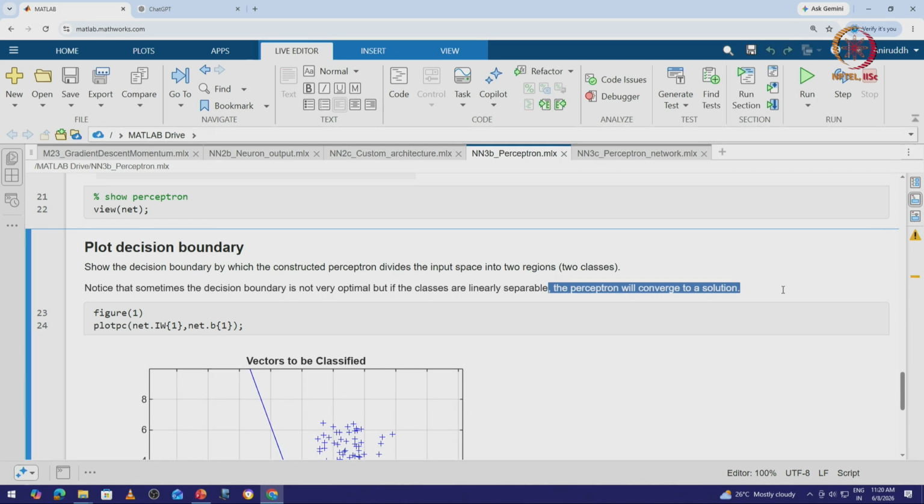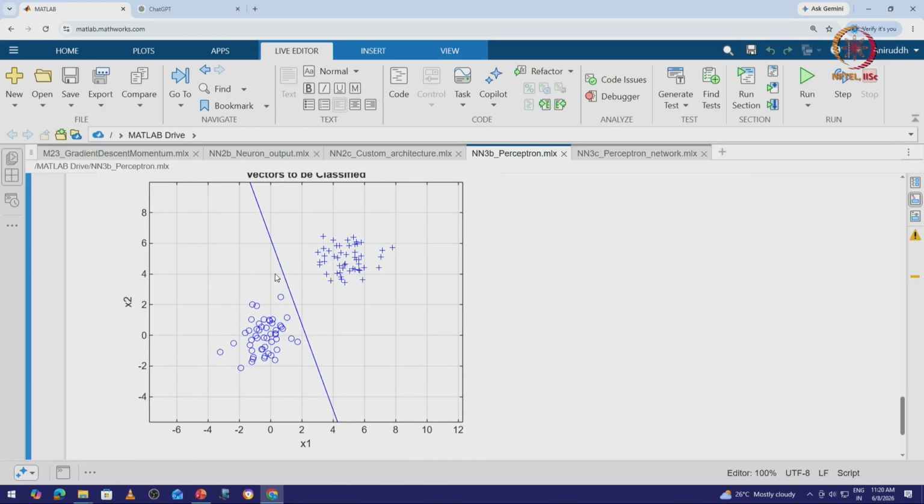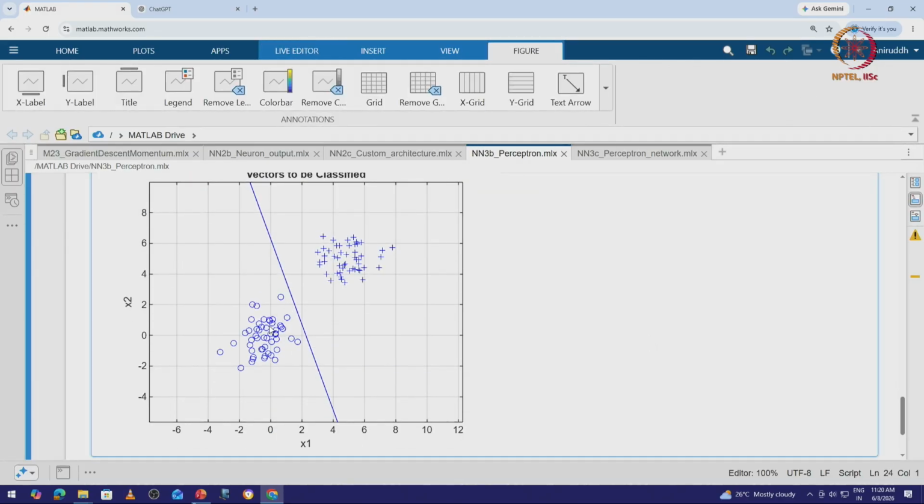However, it worked for other types of Boolean operations. Let us observe this decision boundary. We have classes C1 and C2. The perceptron which we had initialized above tries to draw a decision boundary like this, classifying both classes C1 and C2.